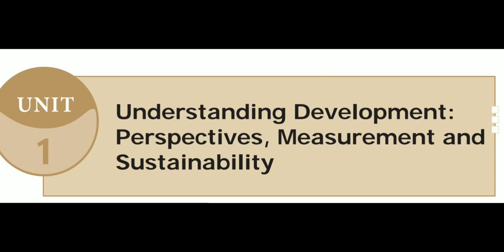Which state has the highest installed solar capacity in India? Tamil Nadu. How much megawatt is it producing? As of 31st July 2017, it has produced 1697 megawatt.